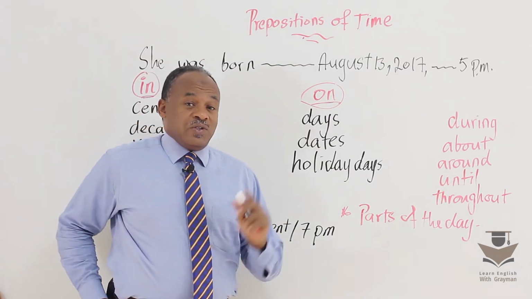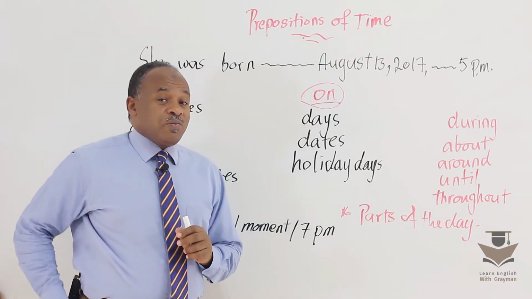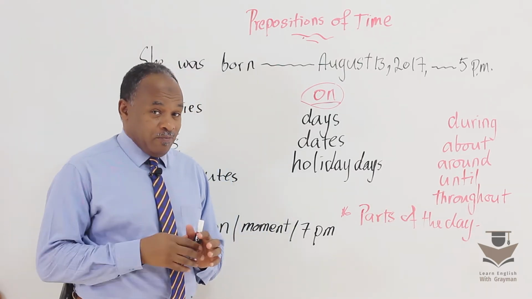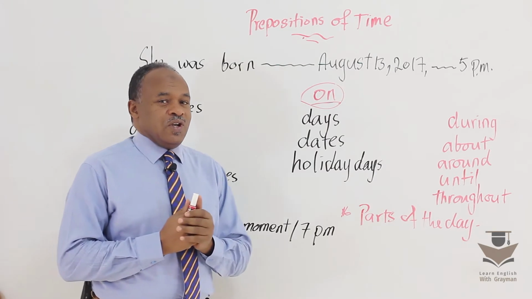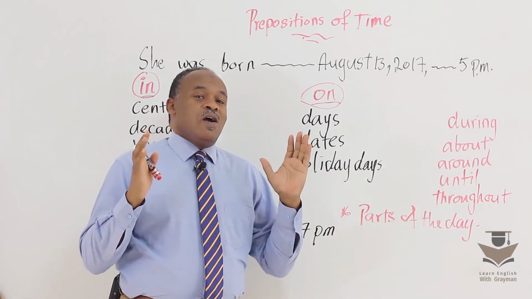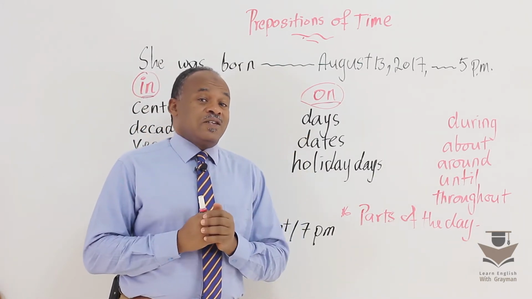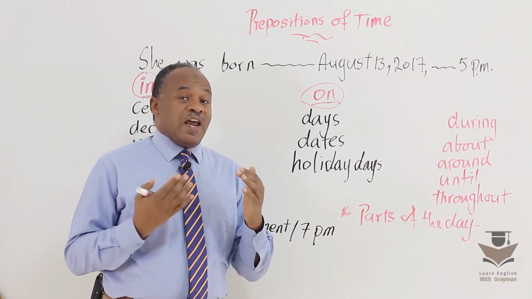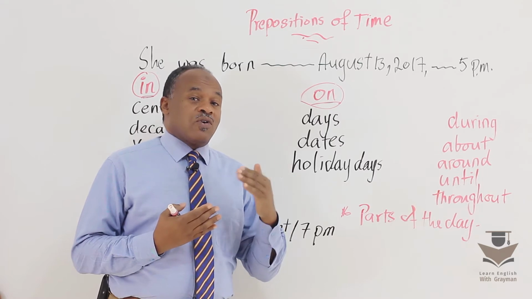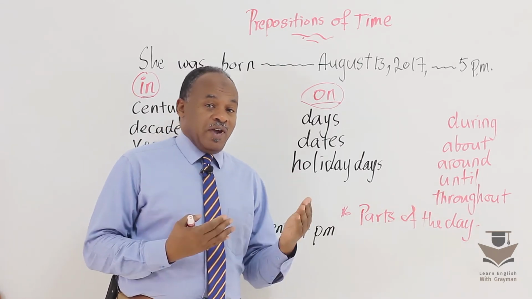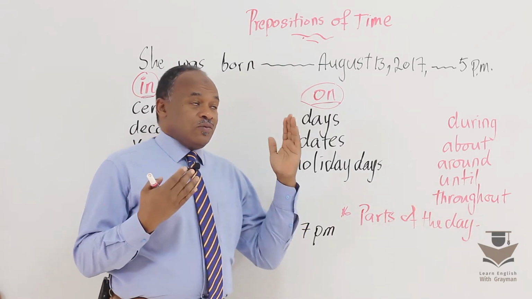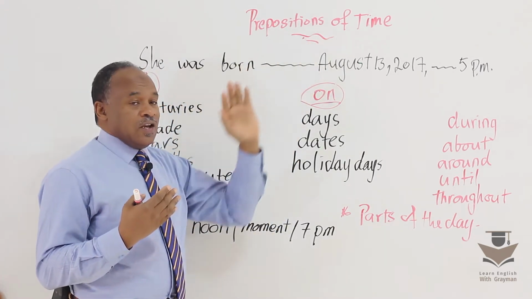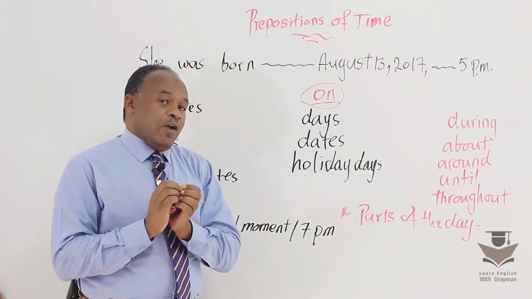And in today's video, as I said, I'm going to teach you the prepositions of time. So what is a preposition? A preposition is a word that connects sentences, whether related to time, place, or movement. So this is the preposition that has something to do with time.